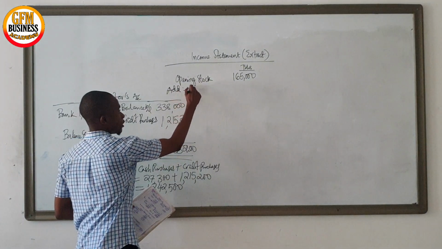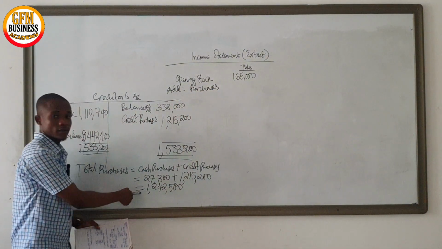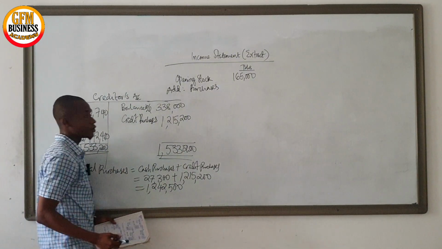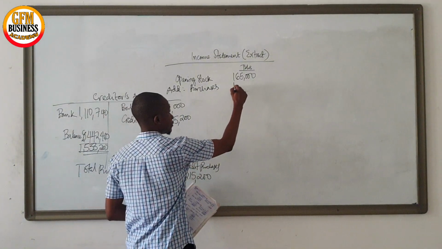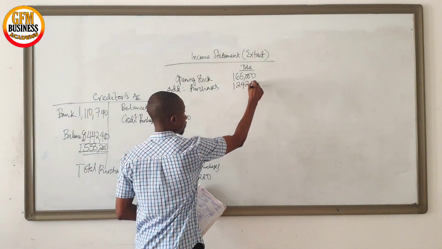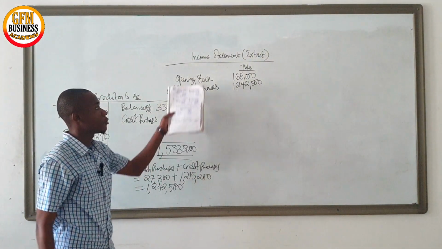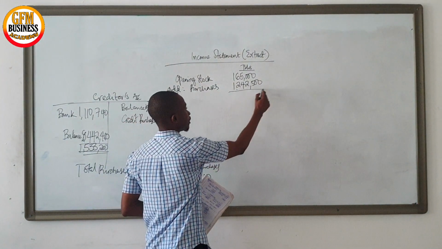You'll add purchases. How much did we get? 1,242,500. Now, we said add, so you take opening stock plus purchases.